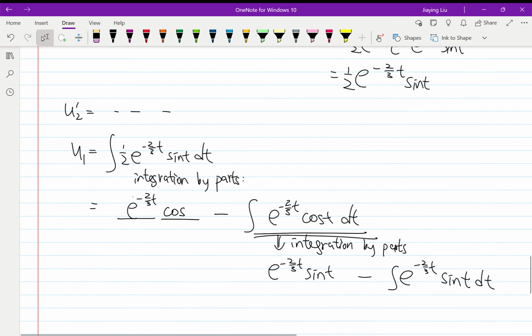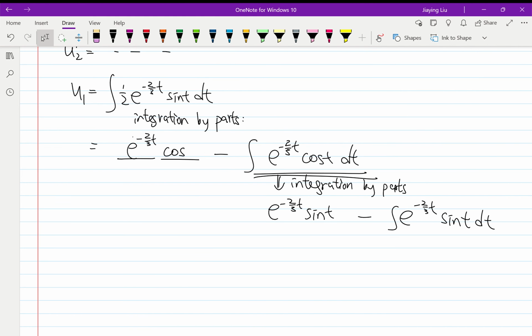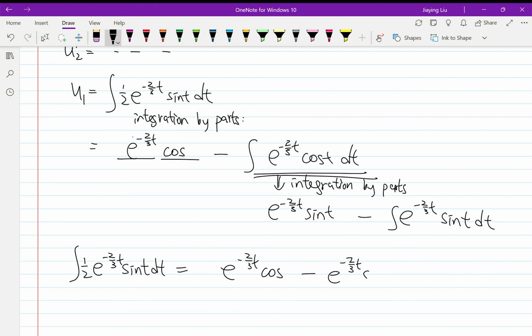So at the end, after your integration by parts twice, you end up with this 1/2 e to the negative 2 over 3t sine t dt on the left side, and then you have this exponential cosine, and then maybe plus or minus exponential sine.